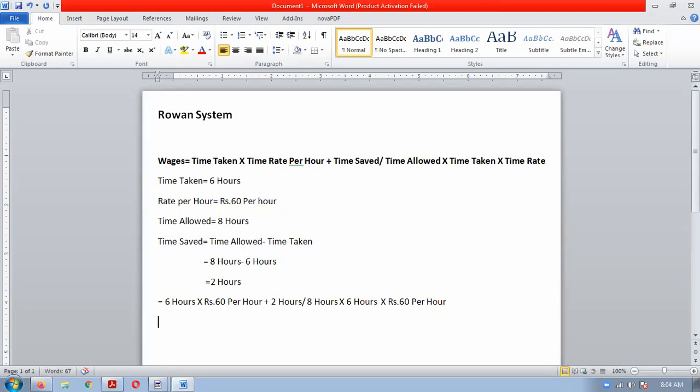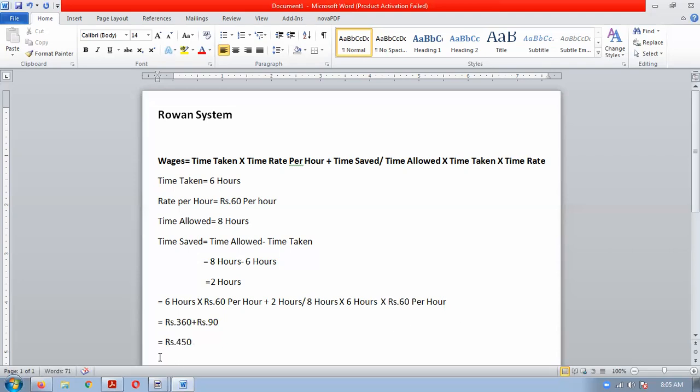Now you have to take the calculator and do the calculation. 6 into 60 is 360, plus 2 divided by 8 into 6 hours into 60. So this part will be 90. So your total wage per worker will be 360 plus 90, that is rupees 450.